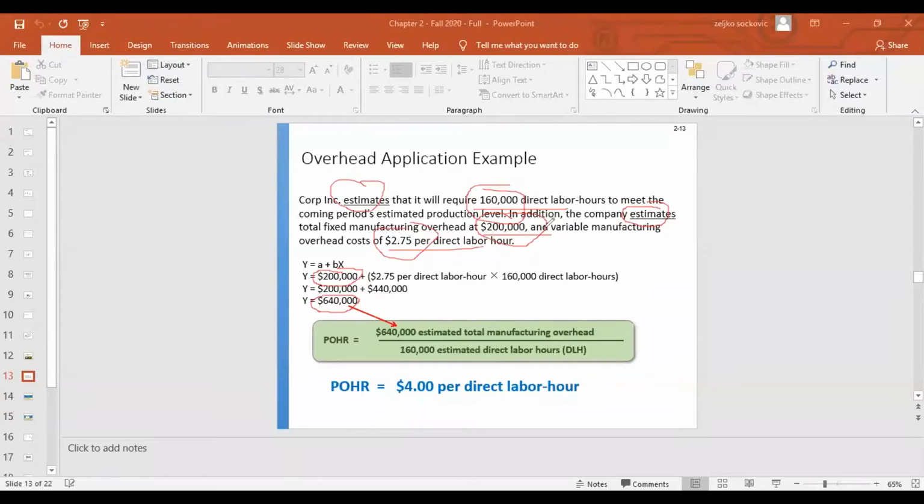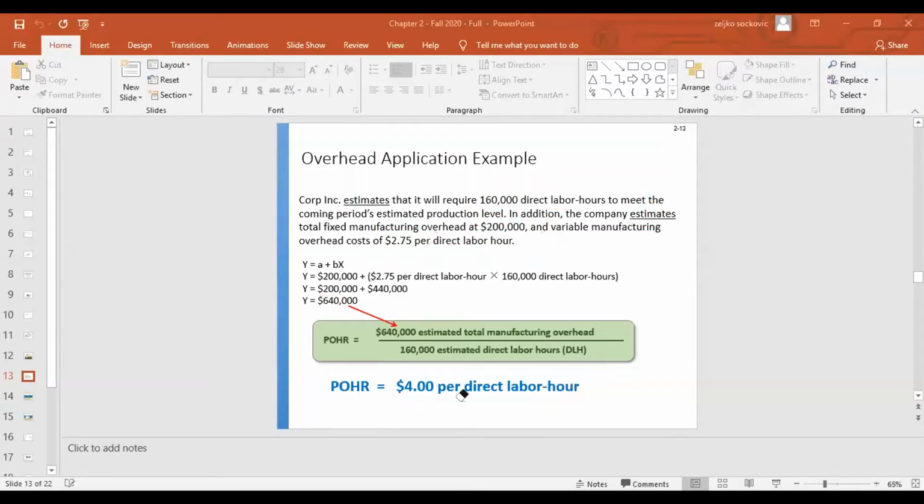But if you're given it in pieces, fixed and variable, you combine it, you get to 640, and then 640 is divided by estimated direct labor hours. This will give us our POHR, $4 per direct labor hour. So steps 1 and 2 are done here.